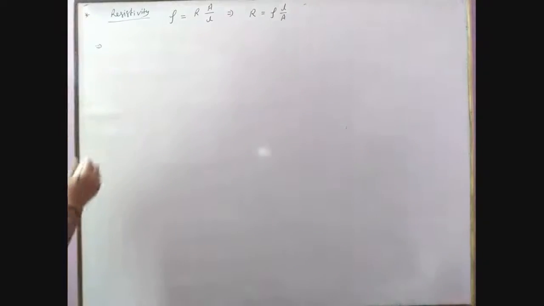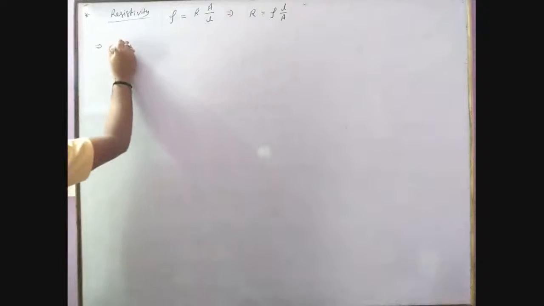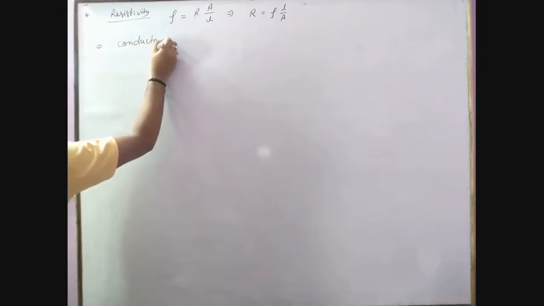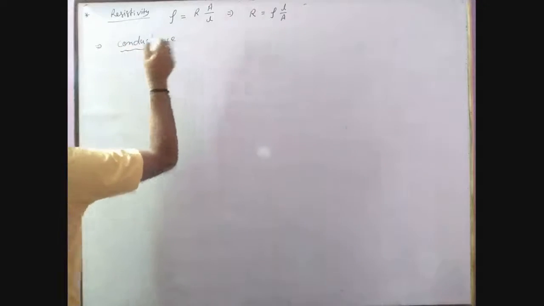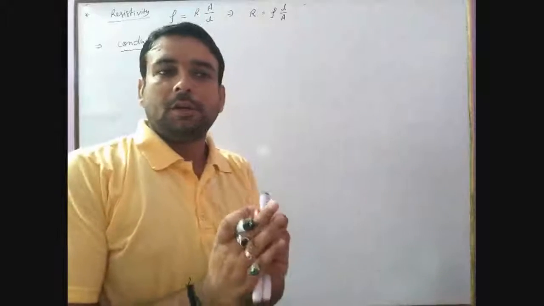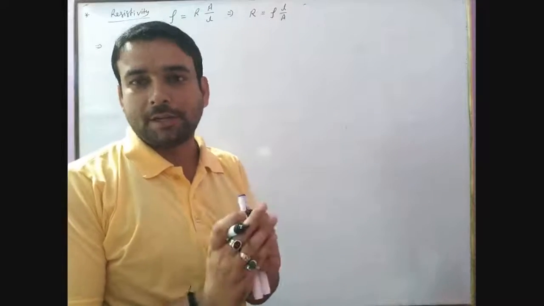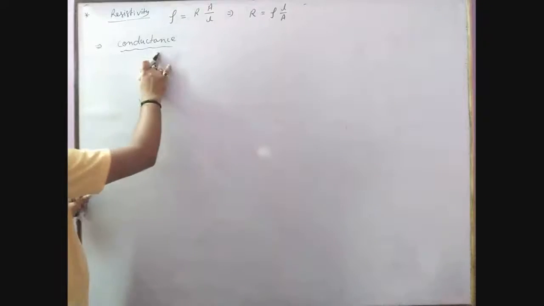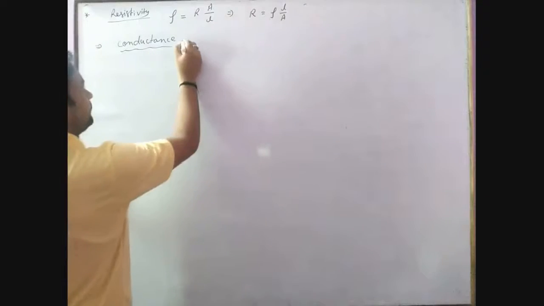One is conductance, which means the flow of charge across the conductor due to its property of conductance.